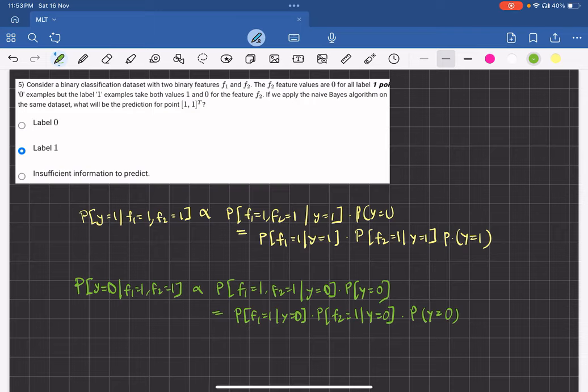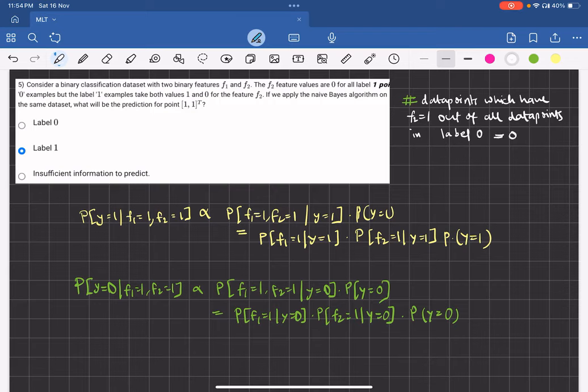What does it say? It says that if you look at the number of data points which have f2 equal to 1, out of all data points in label 0, this is equal to 0.